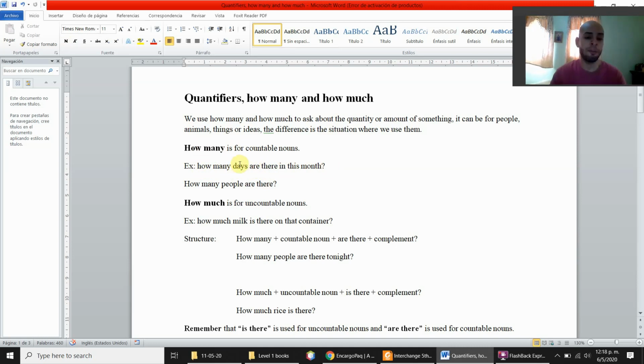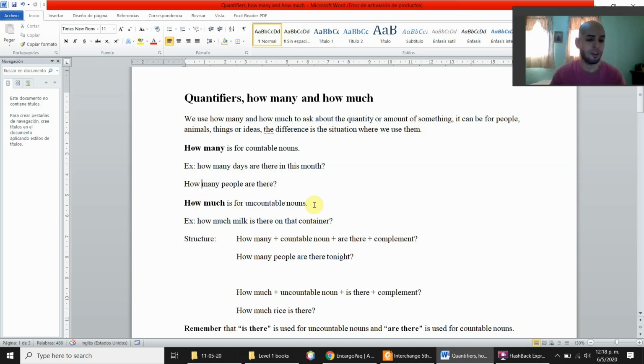It's asking about the amount, the quantity of days in a month, in this month specifically. And days is a countable noun, so we use how many. How many people are there? Again, people is a countable noun, so we use how many with people.